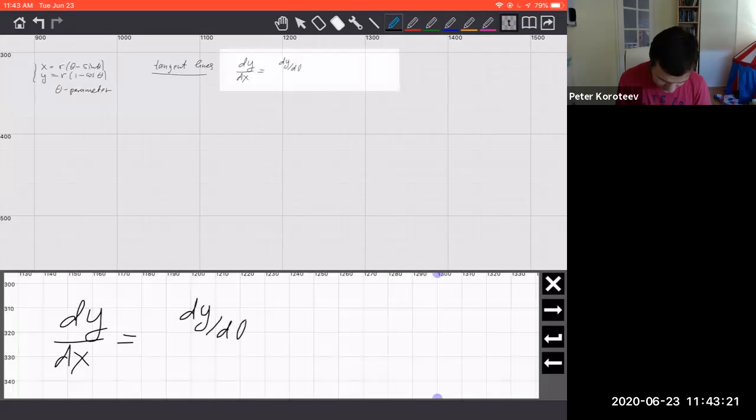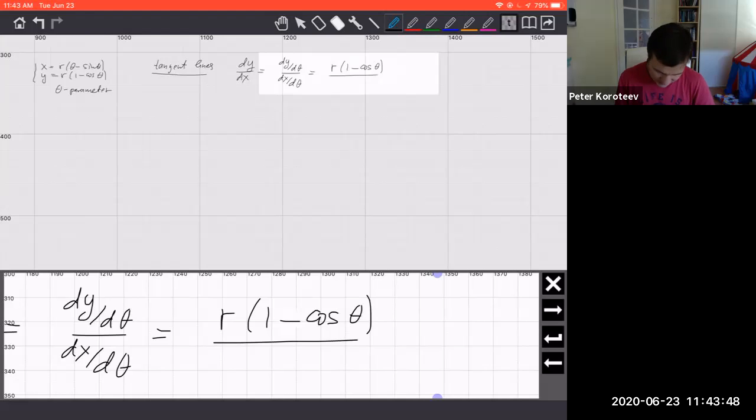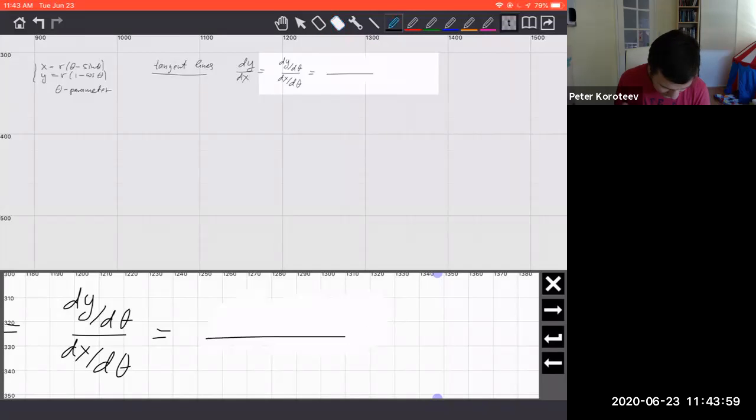And we will calculate derivatives with respect to theta now: dy over d theta, dx over d theta. So y first: it's r times sine theta, because the derivative of cosine is minus sine, and there's a minus, divided by x prime, which is r times 1 minus cosine theta.